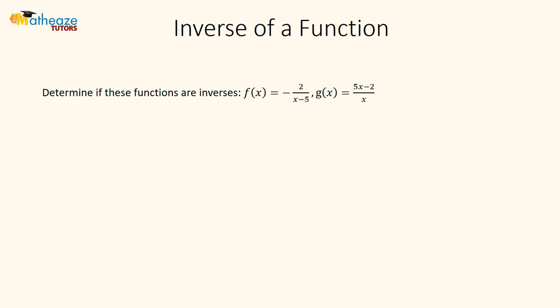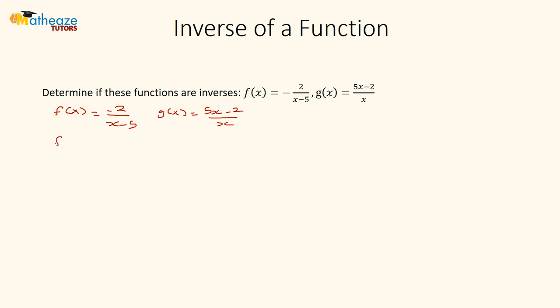So now we have f of x is equal to -2 over x minus 5, and g of x is 5x minus 2 over x. And we want to find out if they are inverses.